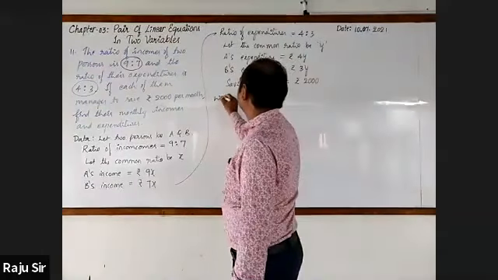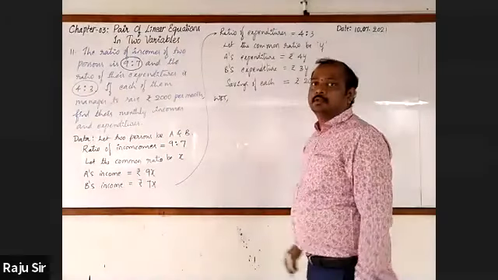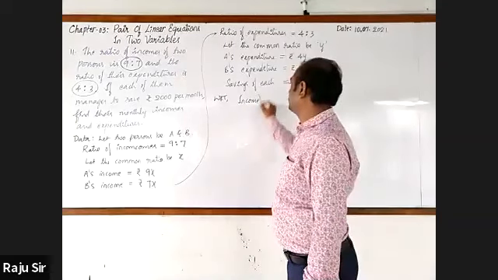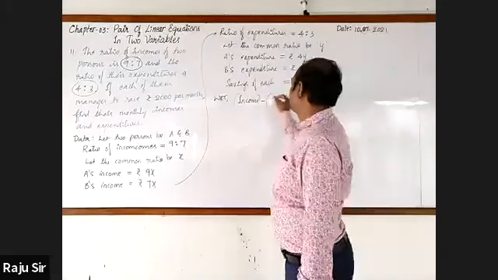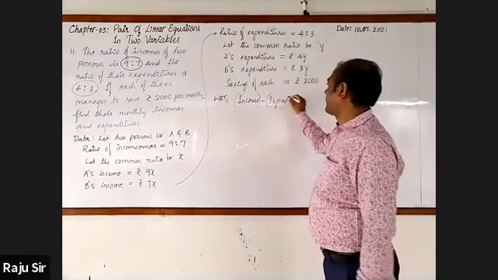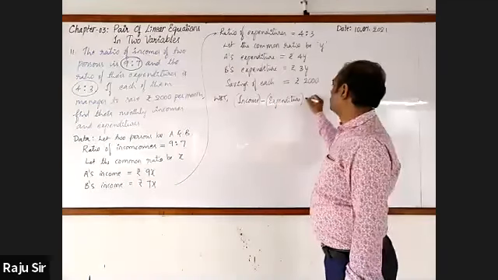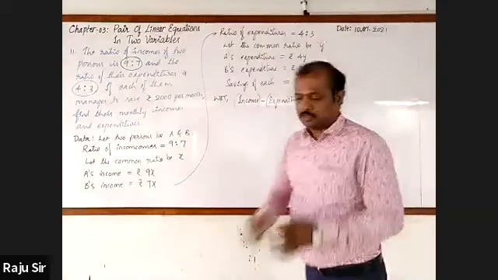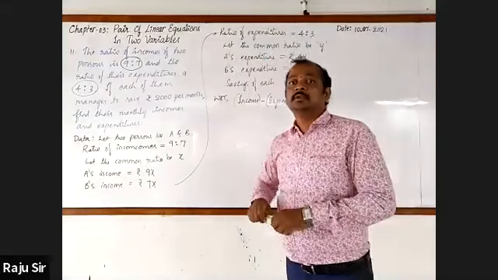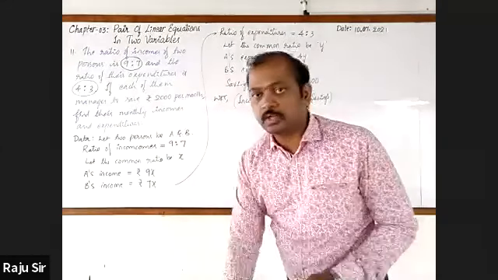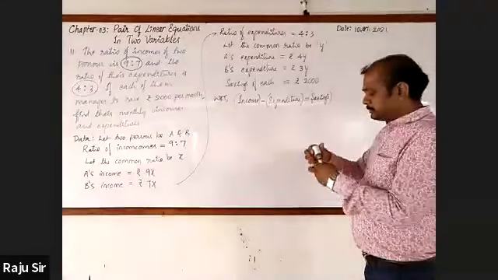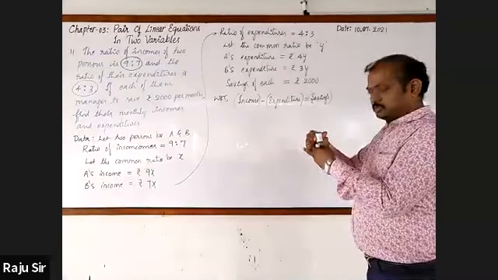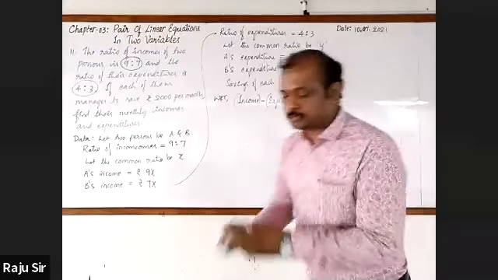Next, you know that income minus expenditure is equal to savings. Now let us write with respect to each person. First I'll write with respect to A.